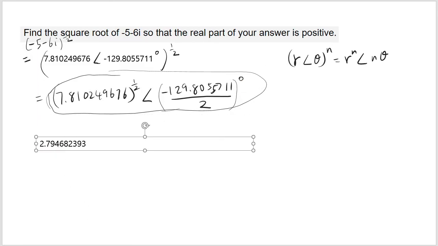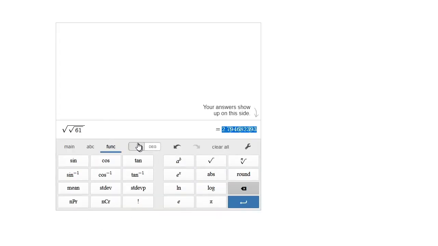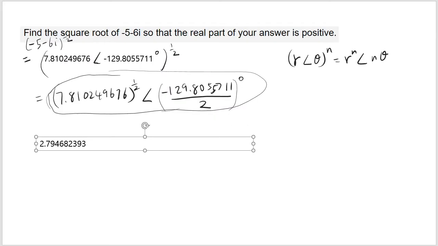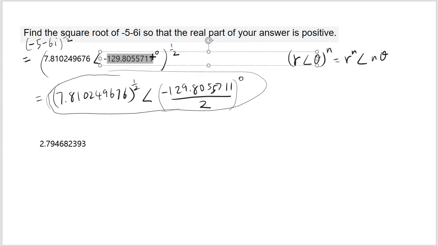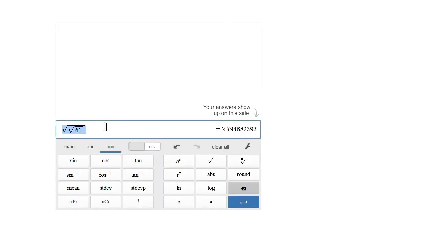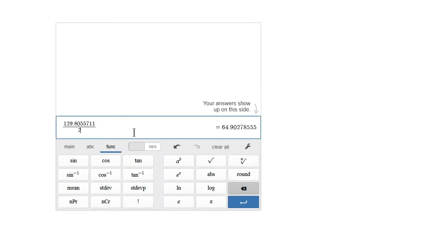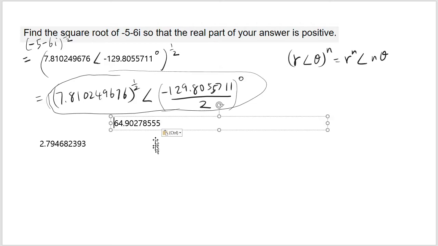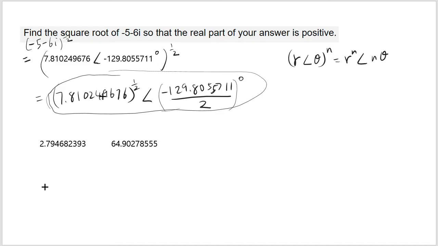And then the next number, we have to take this number here and divide it by 2, which is 64 point something something. Okay, and that's a minus, so let's put a minus here.